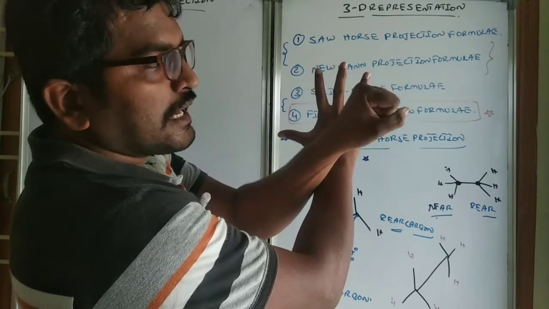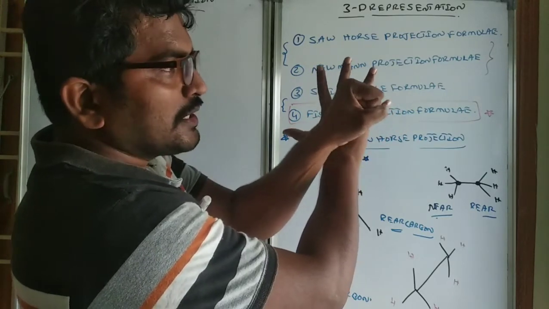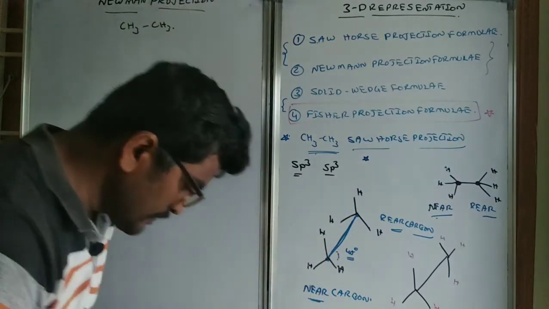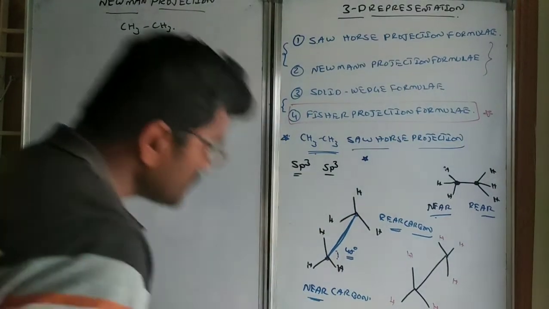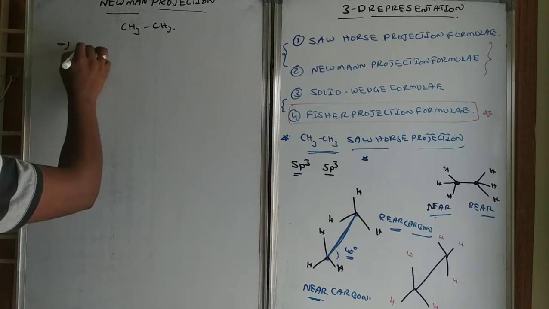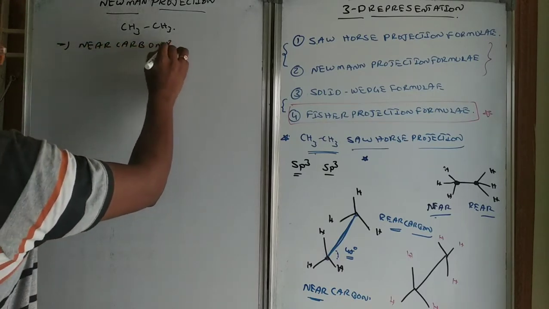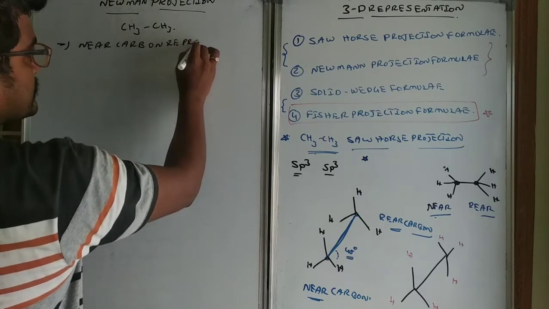So near carbon is represented by a dot, rear carbon is represented by a circle.